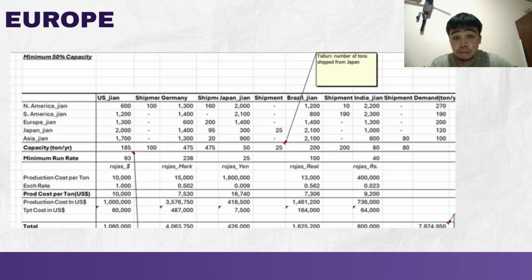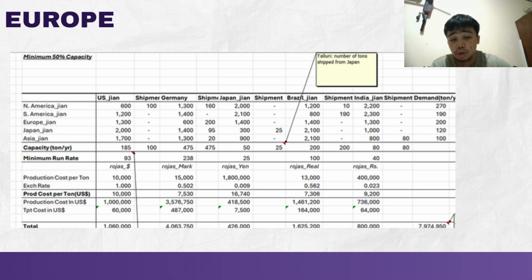For the continent of Europe, we can see that Germany is the best choice, because Germany is second lowest in production cost when we convert it to US dollars, amounting to $7,530.